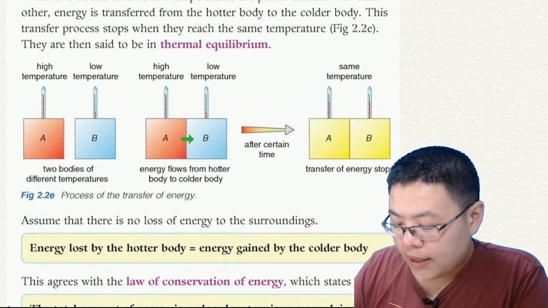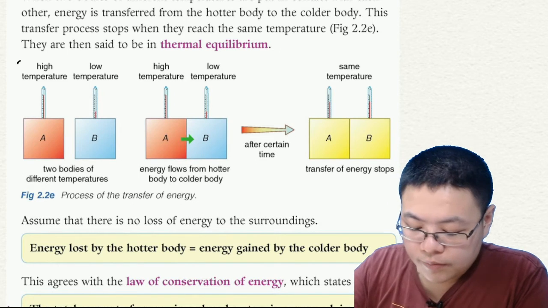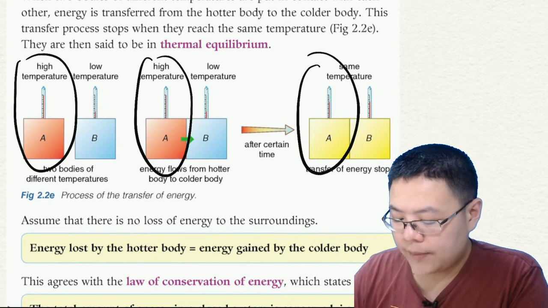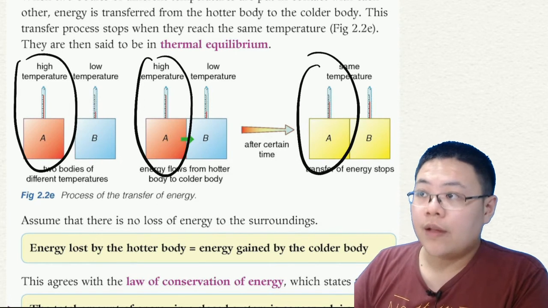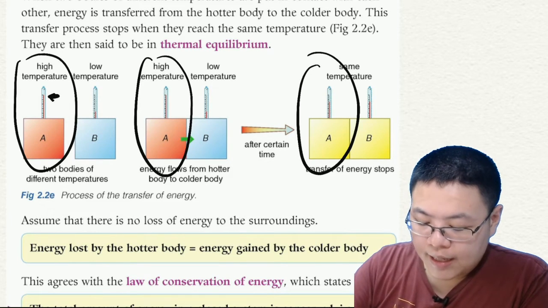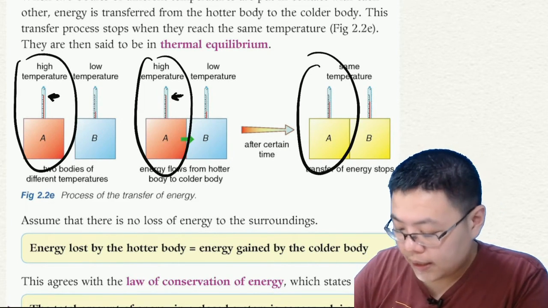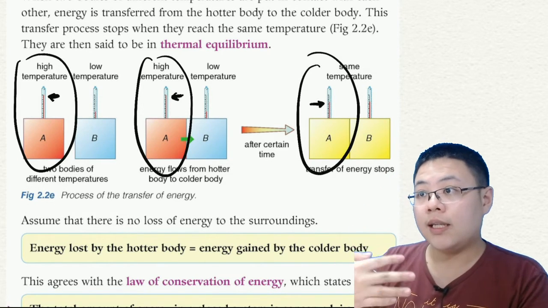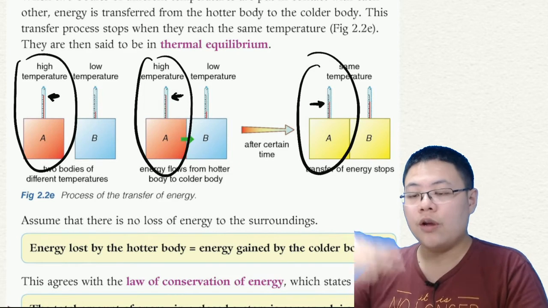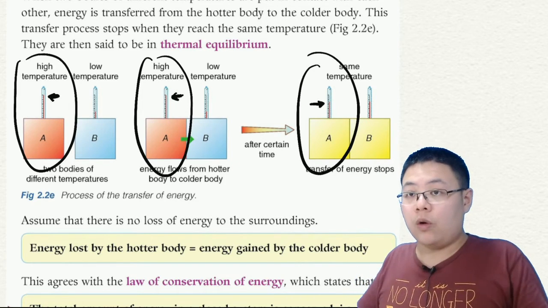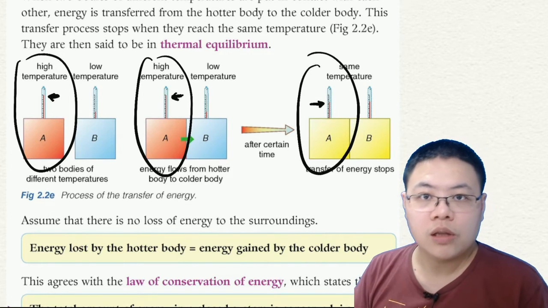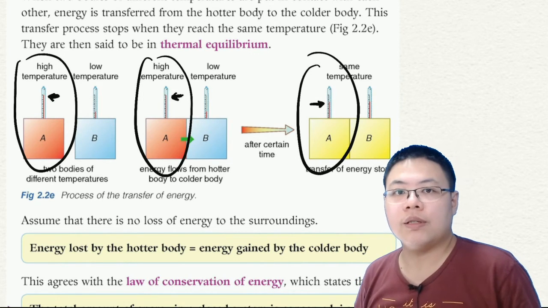For example, if I use black to circle this object A, do you observe it is at a higher temperature at the beginning and the temperature dropped to a lower value? There is a delta T here, a change in temperature from high to low. So we can already calculate how much energy is lost during this process.